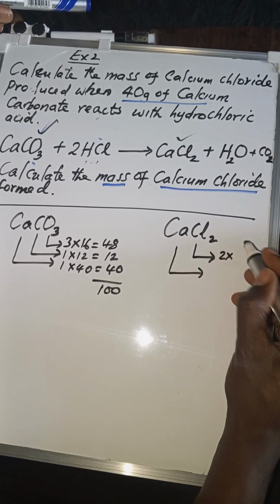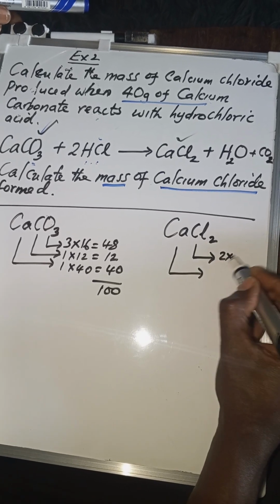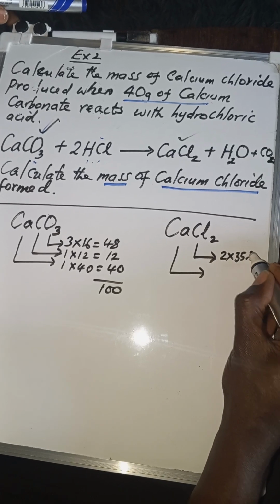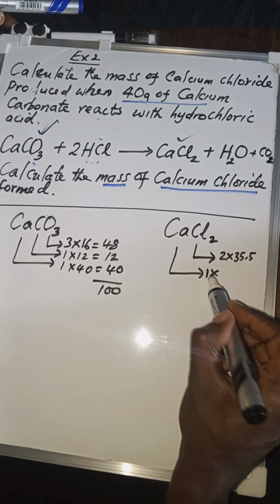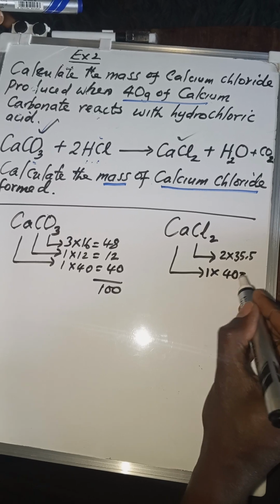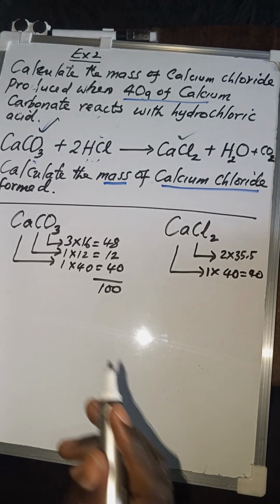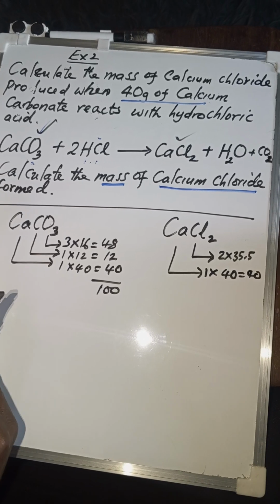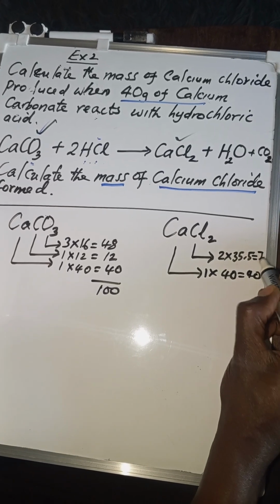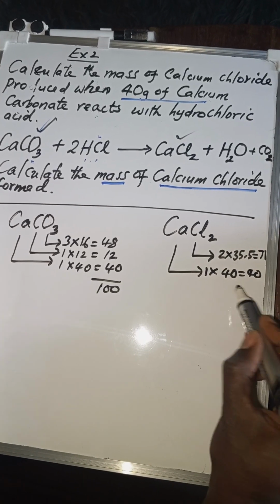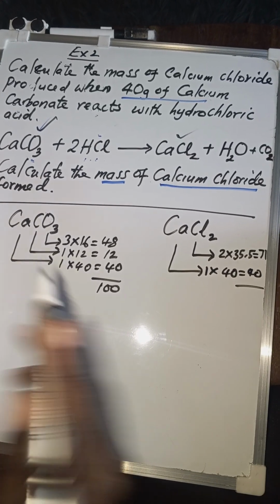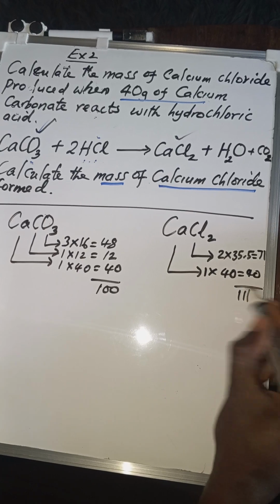There are 2, and chlorine is simply 35.5. Calcium is 1 times 40, which gives us 40. Of course, 2 times 35.5 gives us 71 here. So when you add 71 plus 40, that will give you 111. So that's the total mass.